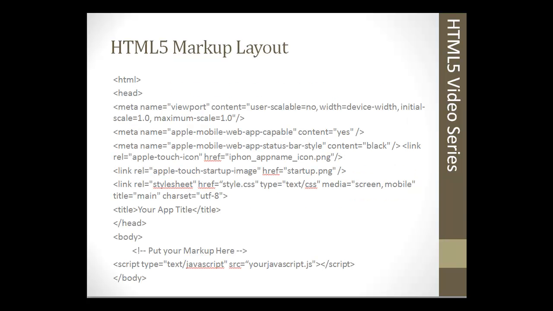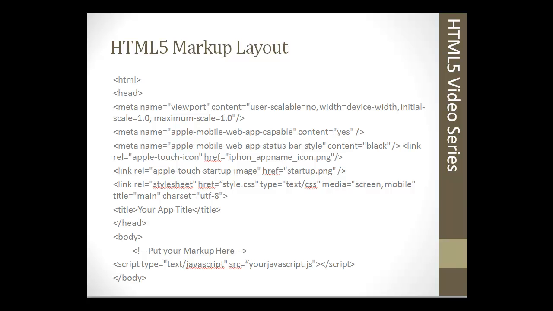Now, like I said earlier, I'm not going to go deep into the code because there are just so many different things to explain and do, and it wouldn't go along with the scope of this series. But this would be an example of the basic HTML5 layout of a hybrid HTML5 Apple iPhone app.